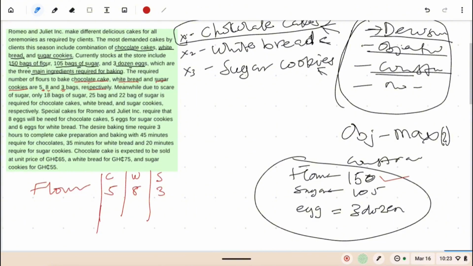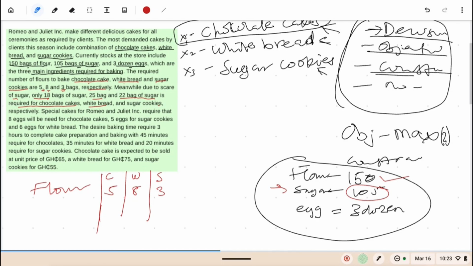And then they said, meanwhile, due to scarcity of sugar, only 18 bags of sugar, 25 bags, and 22 bags of sugar is required for chocolate cake, white bread, and sugar cookies. So they were talking about how they apportion the sugar they have in order to bake the chocolate, the white bread, and then the sugar cookies.